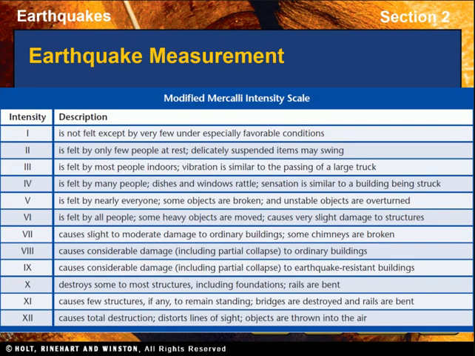Intensity. Before the development of magnitude scales, the size of an earthquake was determined based on the earthquake's effects. A measure of the effects of an earthquake is the earthquake's intensity. The modified Mercalli scale, which is shown on the screen here, expresses intensity in Roman numerals from 1 to 12 and provides a description of the effects of each earthquake intensity.